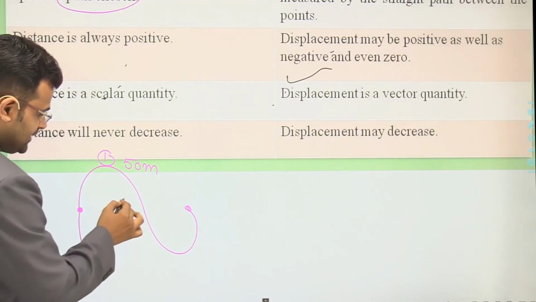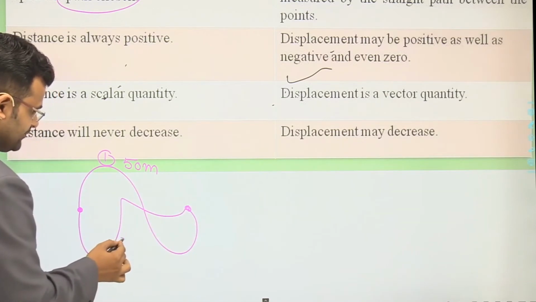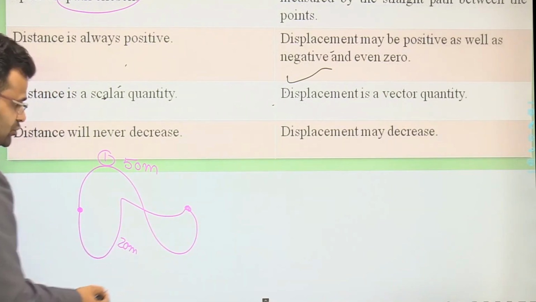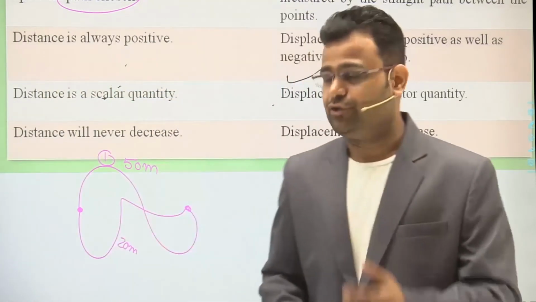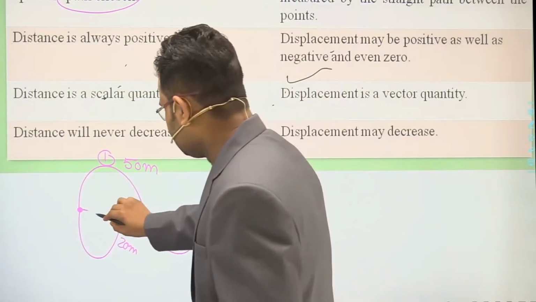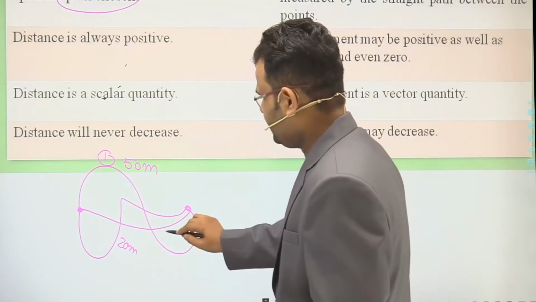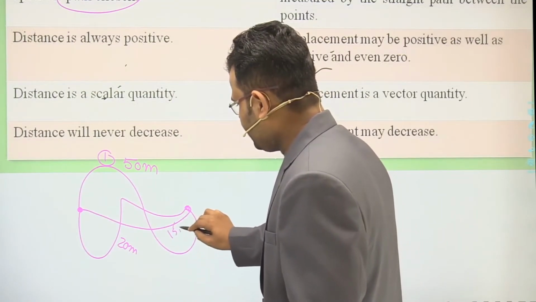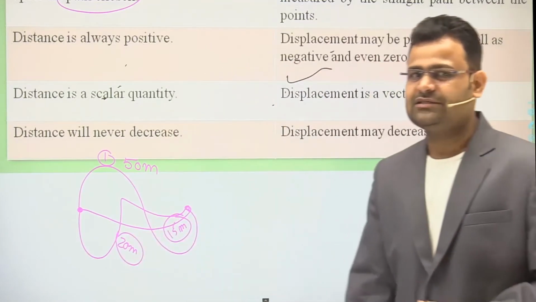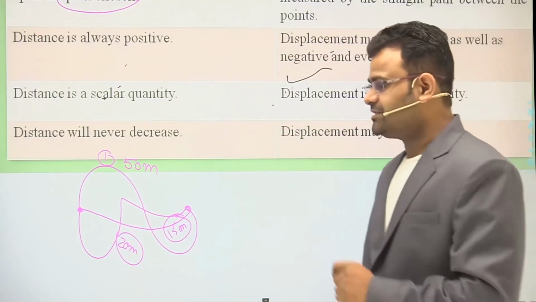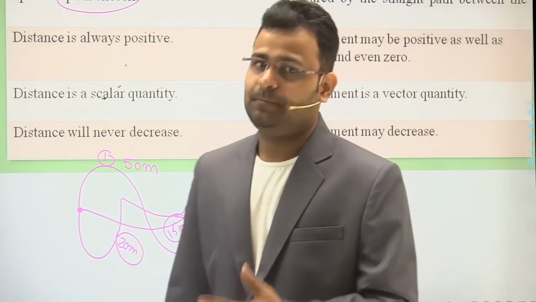If you are moving on that path, we get 20 meter. So our distance always depends on which path is chosen by you. If you are moving on that type of path, then we get 15 meter. So all are distances, and that distance depends on the path chosen by me.